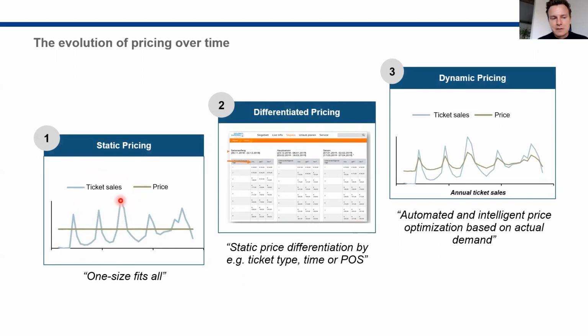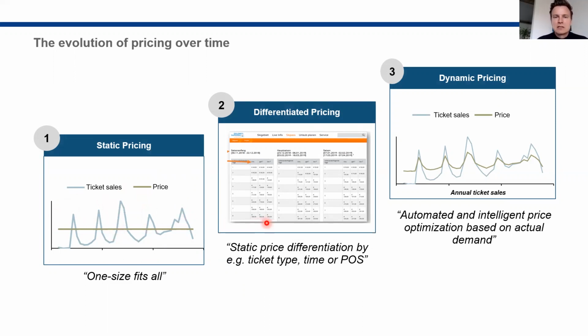This could be, for example, a Saturday, then we have a Wednesday and a Thursday. And basically the attraction business or the museum, for example, has only one price. So the price, you can see here, is static. So one size fits all. This is a typical setup that we see when we work together with museums, for example. So they don't take into account different demand patterns and demand situations in order to react then with the price.